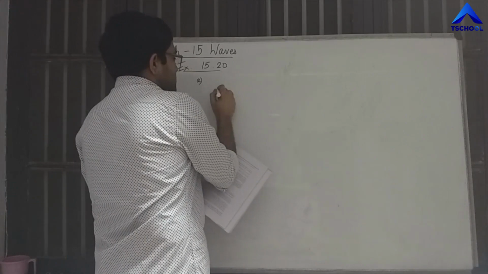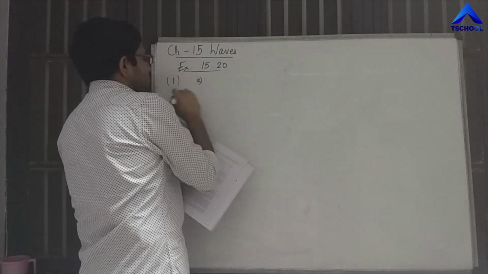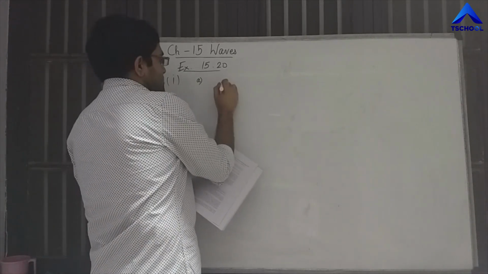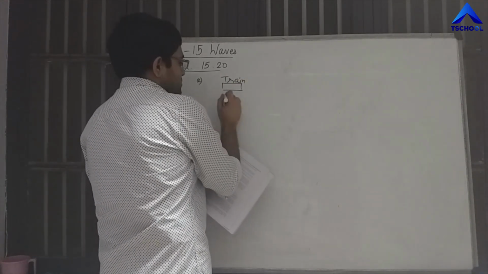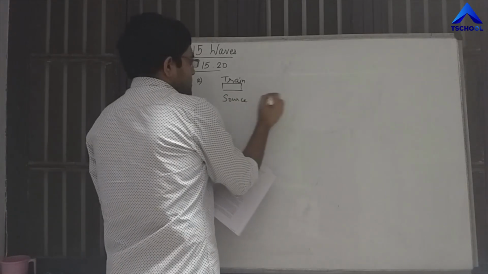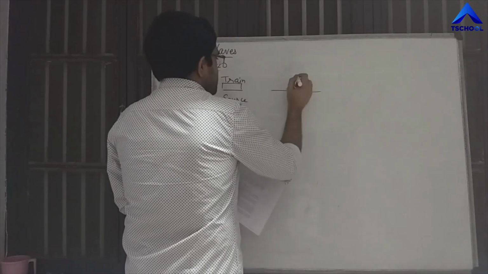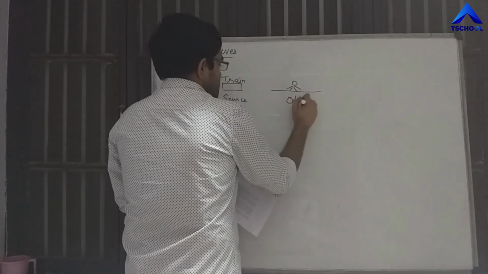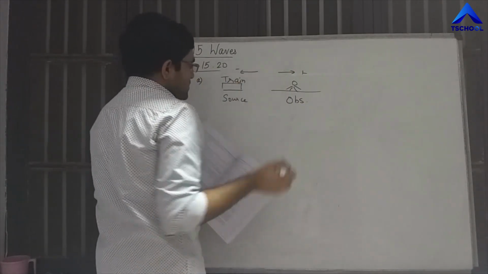So again I'm going to draw a diagram here. This is for part 1. Here is the train. Train is obviously the source, and let's say here is the station and a man is standing at the station, so this person is the observer. Let's say right side is positive, left side is negative.